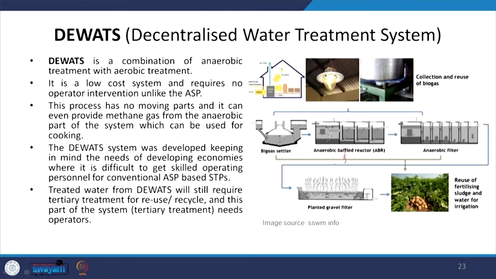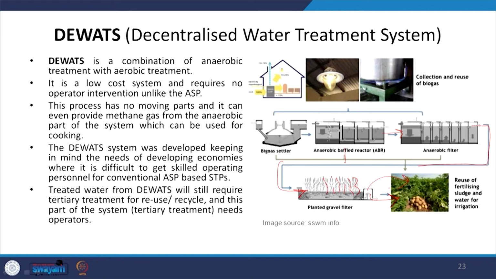The first one is an anaerobic baffled reactor, where no oxygen, no air is allowed to pass, and from that it moves on to the aerobic filters, where air is mixed in the chambers and the digestion, the decomposition takes place. Then the clarified water is passed through the planted gravel filter, the root zone treatment type of mechanism, from where the water is further used for irrigation and the sludge can be used as manure.